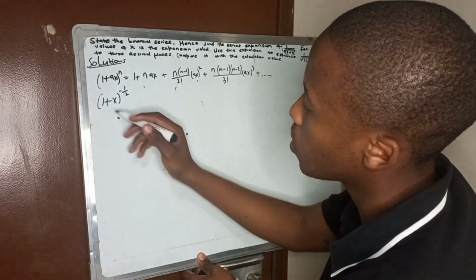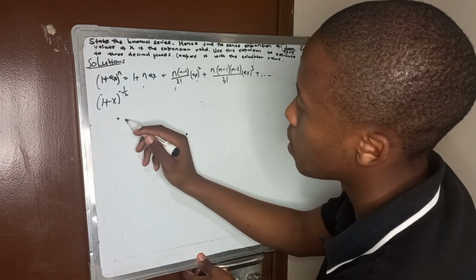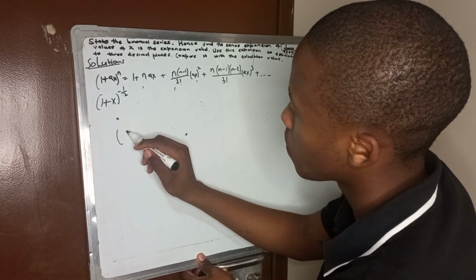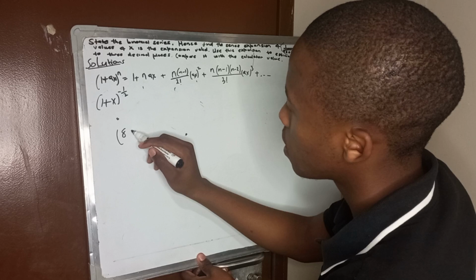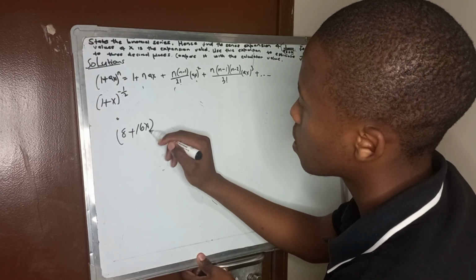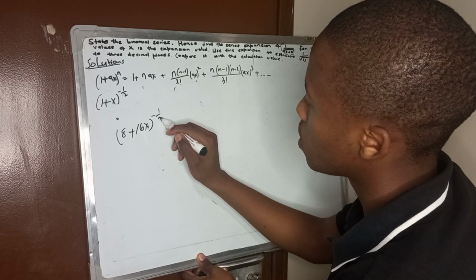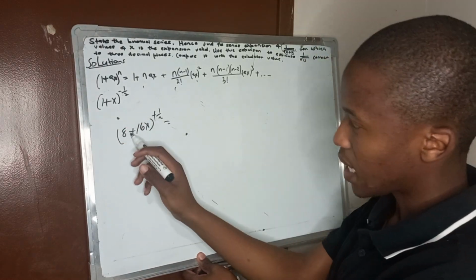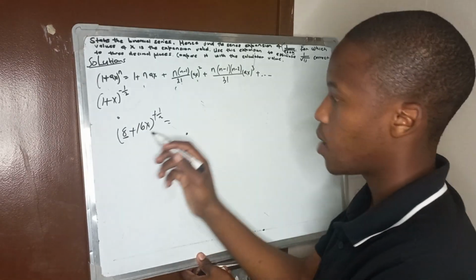Umzekelo, if we had apha let's say 8 plus 16x to the power maybe negative 1 over 2 or positive 1 over 2, then bekuzofuneka siqale sikhuphe out, factor out 8.